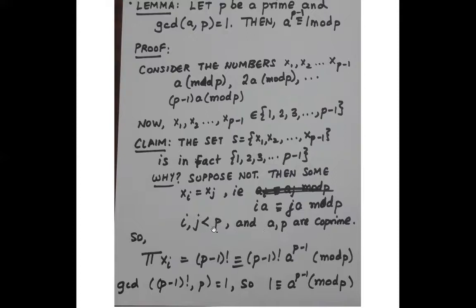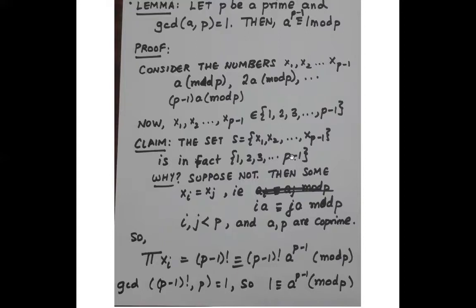If i and j are less than p, that's not possible because i and j are distinct and i minus j is co-prime to p, and a is also co-prime to p. So this cannot be possible. We have a contradiction. So xi and xj cannot be equal. Every xi and xj are unique and they form this full set.